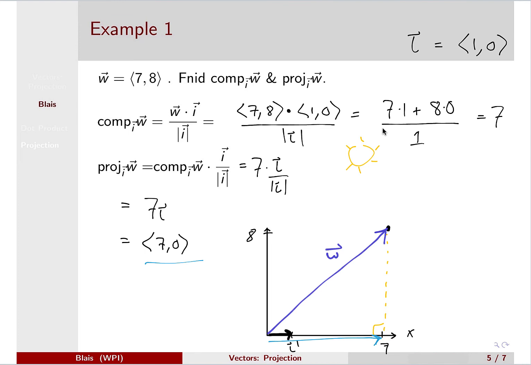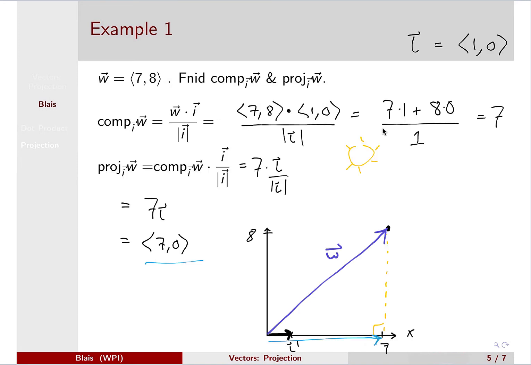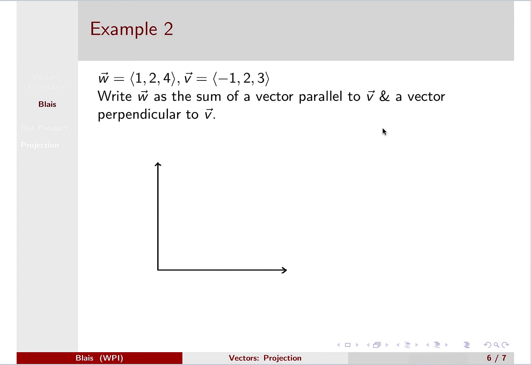Let's look at another type of question because we don't necessarily have to project onto these unit vectors, I or j or k. We may want to project, say, w onto v.